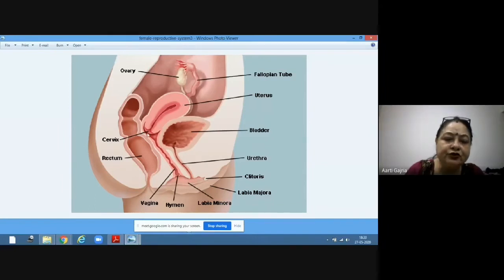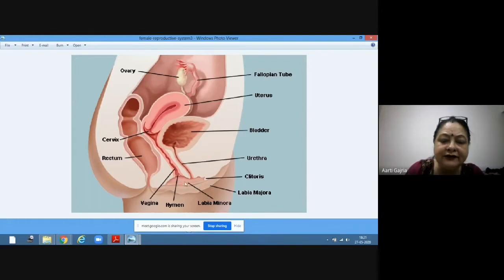Now this uterus has the cervix, and this cervix has the cervical canal, and then it will join the vagina. This is the vagina. And this is the opening of the vagina, which is partially covered by this membrane, which is called the hymen.